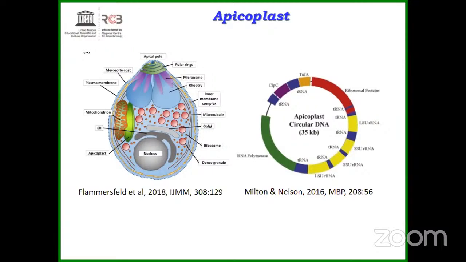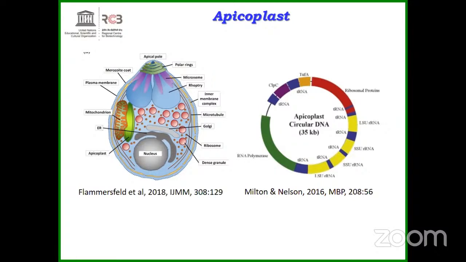And inside the apicoplast, there are lots of biochemical pathways going on, which give rise to a substantial amount of ROS. So this genome is very susceptible. So the nucleotide pool will definitely get oxidized and have large quantities of 8-oxo-dGTP. And because this genome is AT rich, there is a very high chance of 8-oxo-dGTP incorporation while replicating this genome.